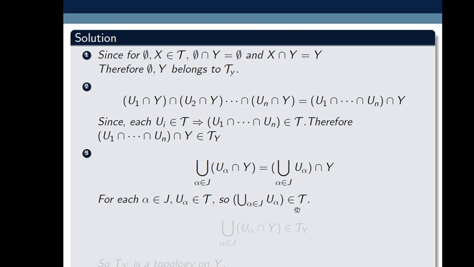So by the definition of tau Y, the union of U alpha intersection Y also belongs to tau Y. As all three conditions for a topology are satisfied, the set tau Y is a topology on Y.